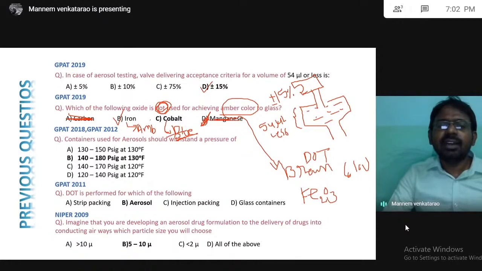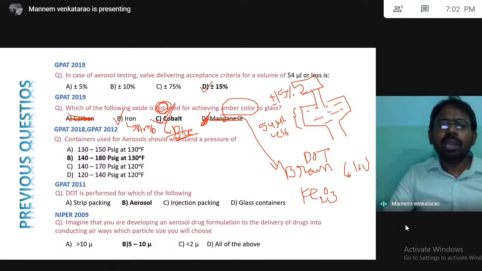That's why I'm selecting cobalt. I don't need to know manganese or carbon. I know only two options. One is iron: iron always produces amber color. Another one is cobalt: cobalt always produces blue color. So they are saying which metal cannot produce amber color, it means cobalt, because I am 100% confident that cobalt produces blue color.